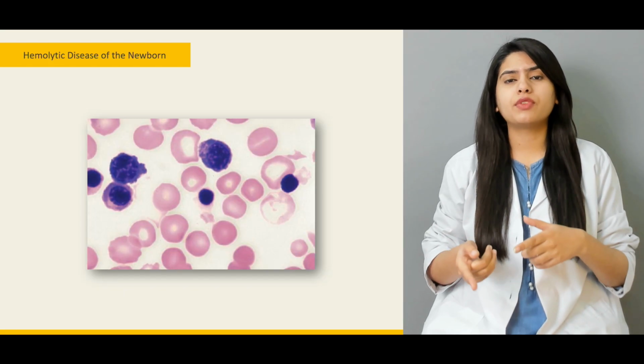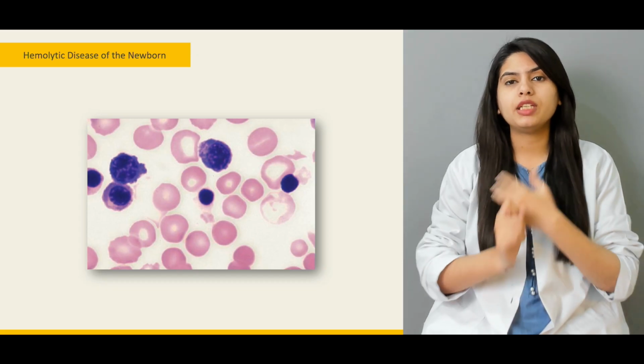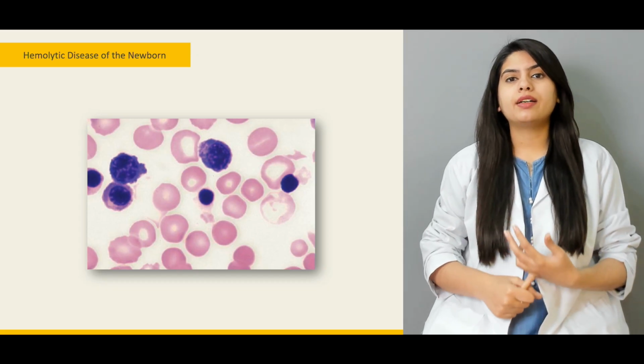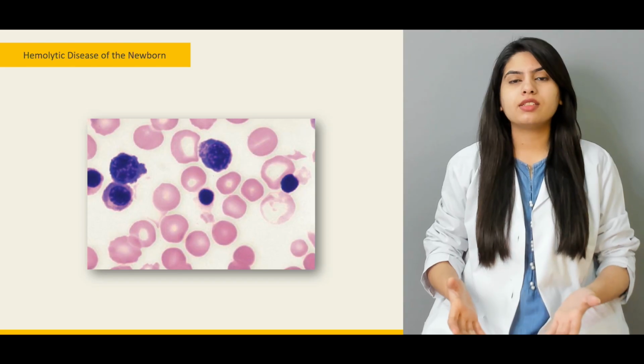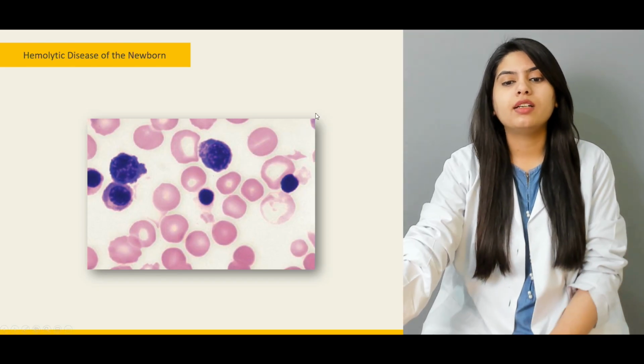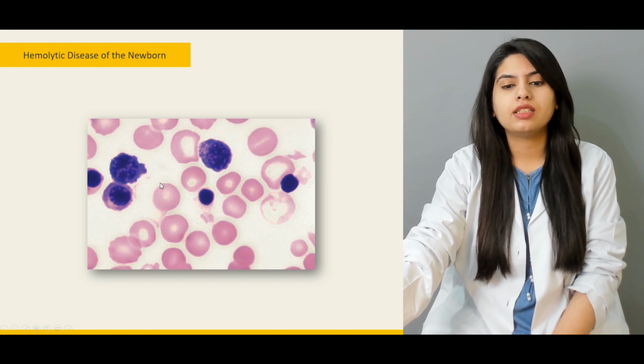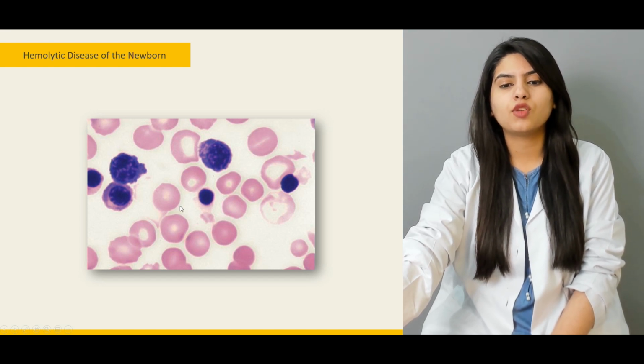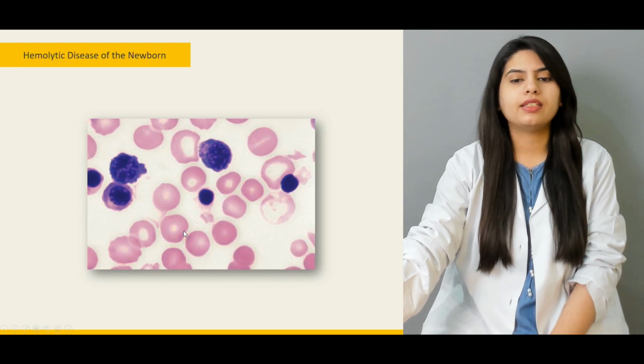So the baby will suffer from hemolytic anemia, from hemolysis, and such cases lead to the formation of erythroblasts. Like here in this diagram, you can see the formation of erythroblasts that also have a little pallor in their center, and that are hypochromic in nature.